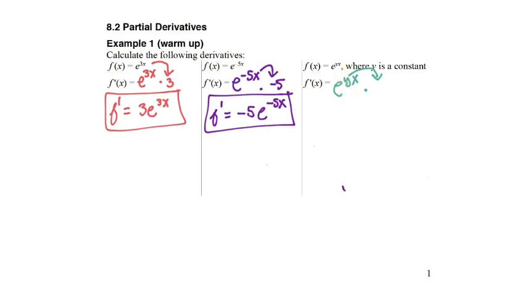So the y coefficient will be our derivative, and we get y e to the yx. Noticing the pattern, a 3, a -5, or a y, it didn't matter that the y was a variable, because we treated it the same way as the coefficients.